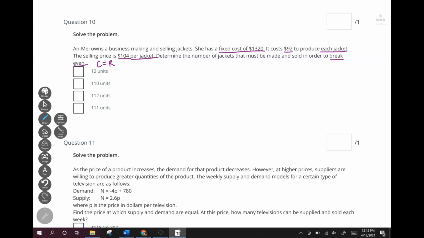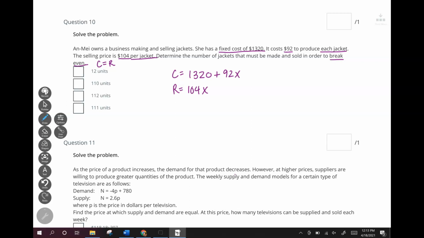That's breaking even. Okay, so first let's write our cost function. Cost is going to be 1,320 plus 92x. Selling price is $104 per jacket. So that's going to be revenue is 104 times the number of jackets sold.